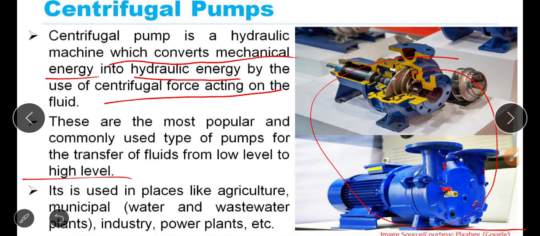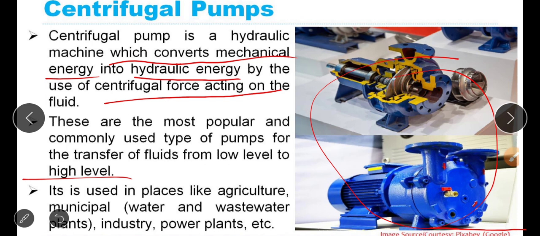In case of reciprocating pump, the name itself suggests the piston which is provided will move to and fro. Thereby it sucks the water from the sump, and then in the end stroke it lifts the water. Right? We will come to that little bit later.